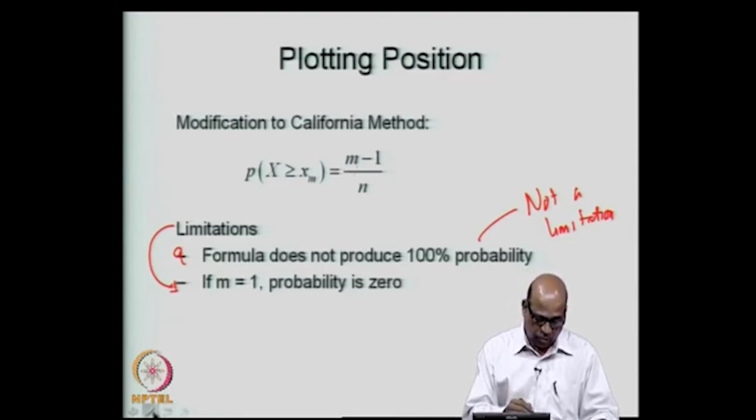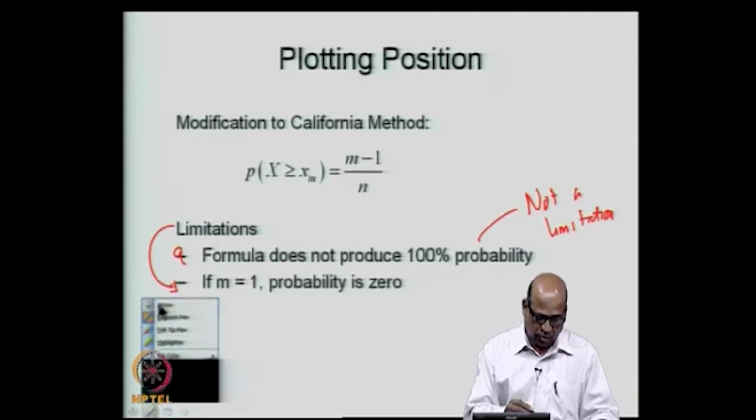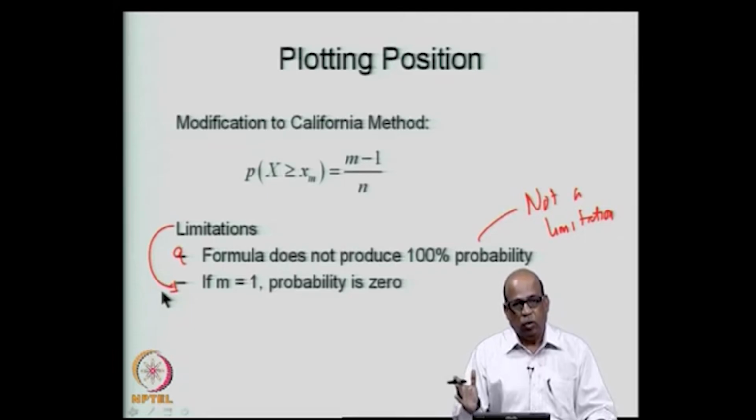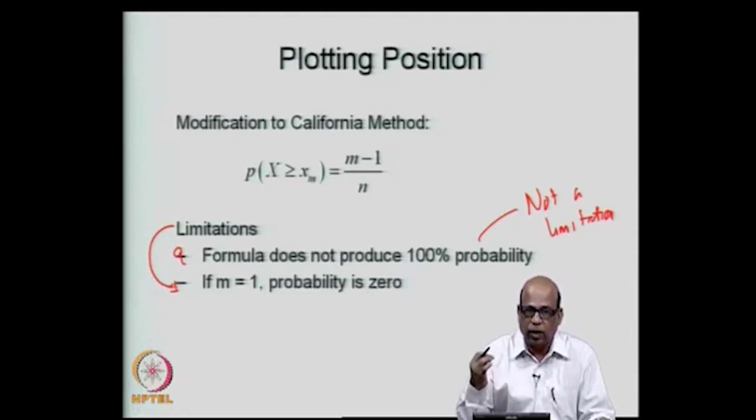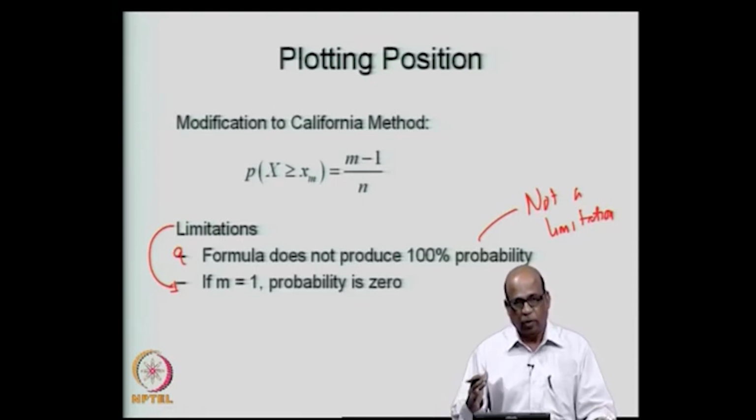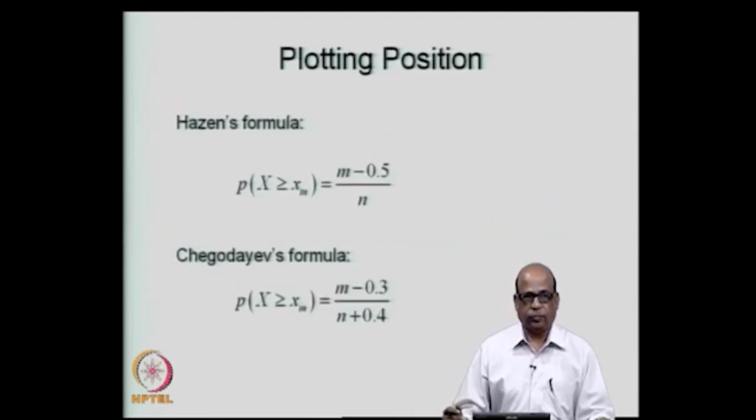A probability of 0 again indicates that you have captured all the lower extreme values and are confident that a probability of 0 exists. That becomes a limitation, because we can never be sure that the sample is a complete representation of the population, especially when we are talking about flow probabilities, flood probabilities and so on in hydrology.